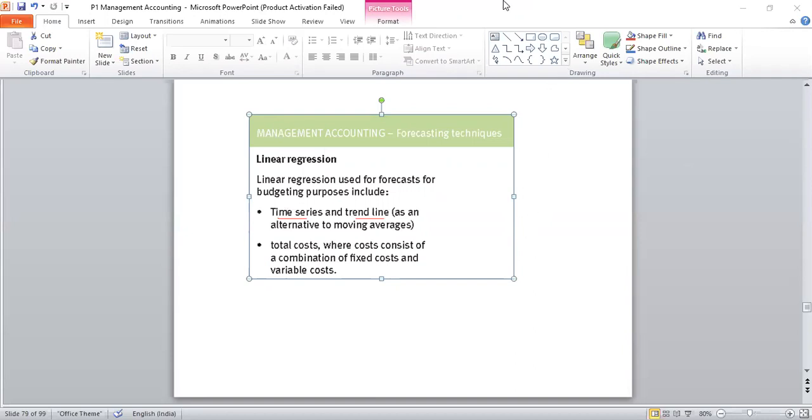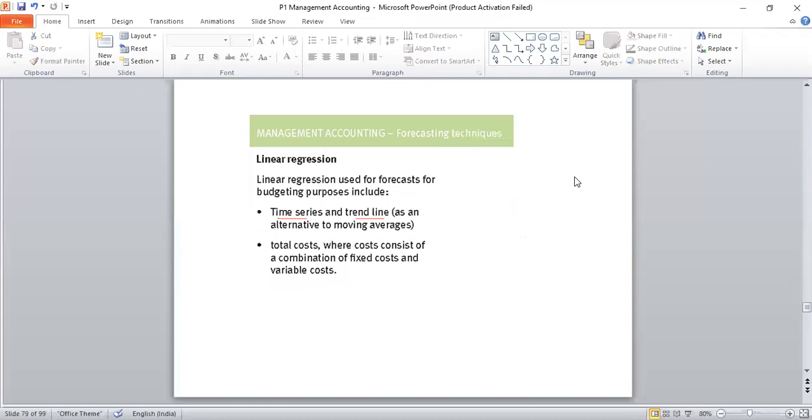Total cost is estimated. It is similar to how we are estimating for semi-variable cost. This total cost is given by an equation, y is equal to, there is a particular pattern in which the total cost varies. So the trend, when they are establishing that trend, is presented in the form of a regression equation.